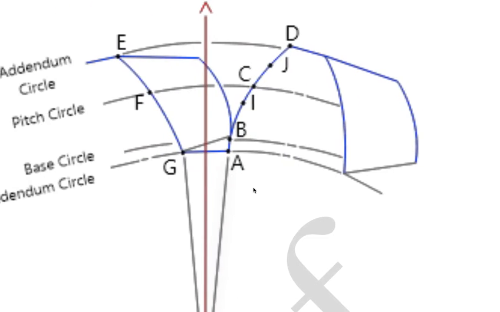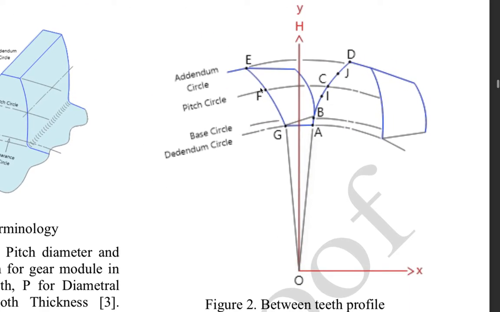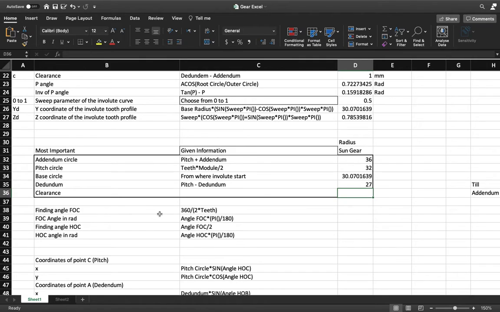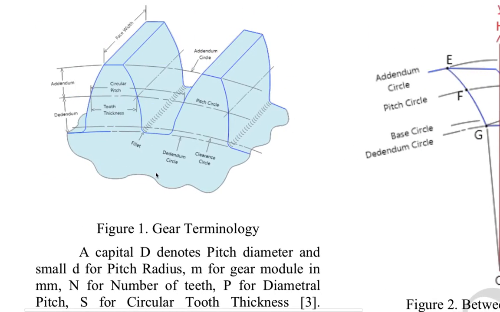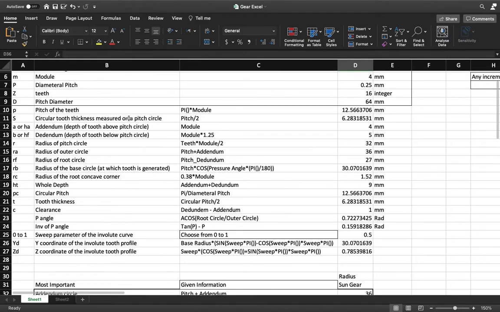So my research is focused on this. FOC equals the distance between the teeth, which is the circular pitch divided by 2, and we already got it here. Circular pitch divided by 2. What was it? Yeah, here, tooth thickness.